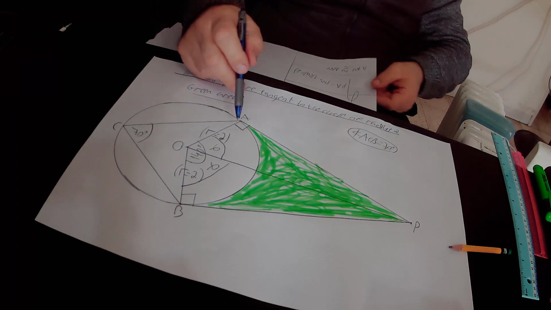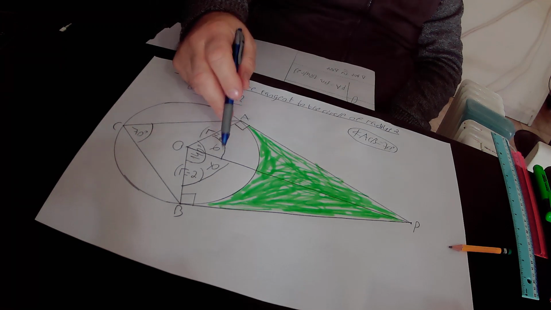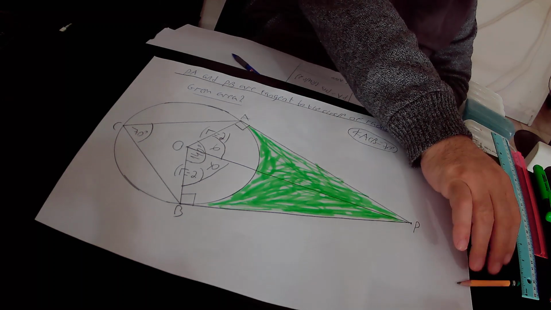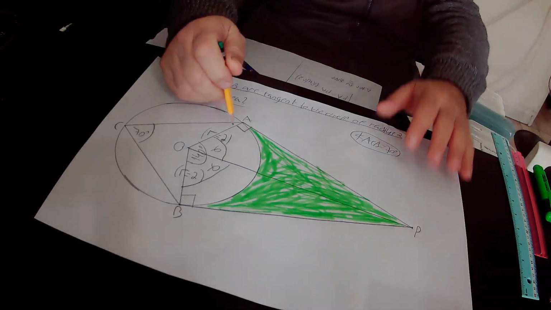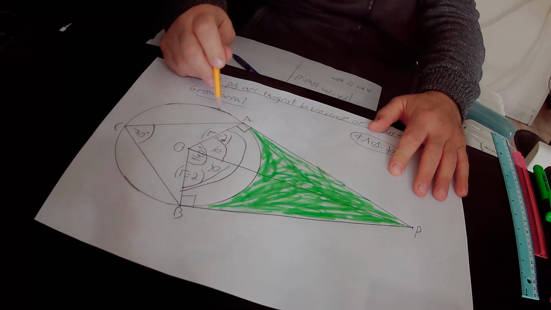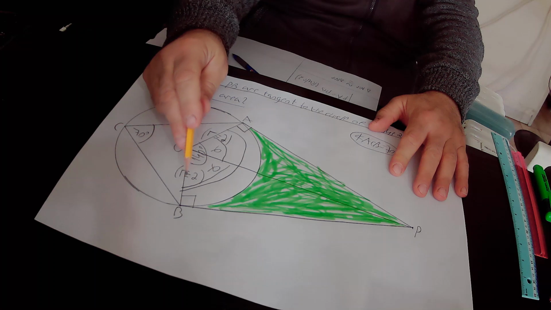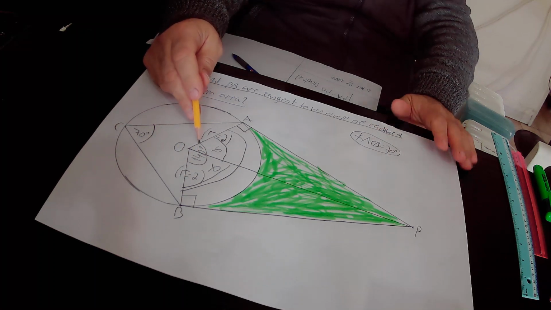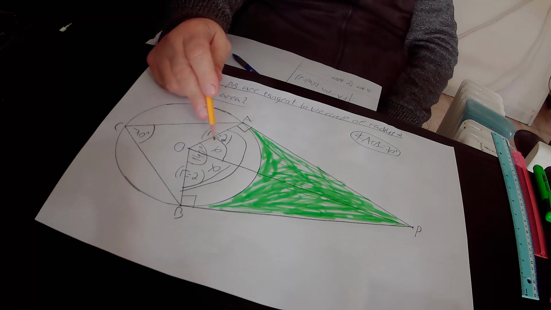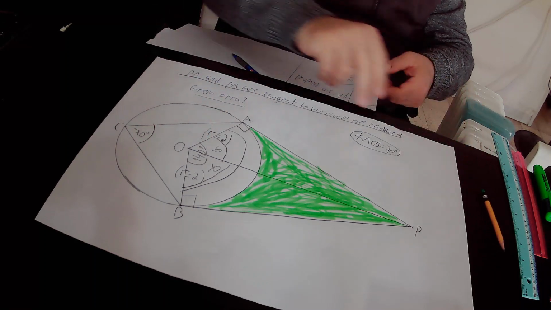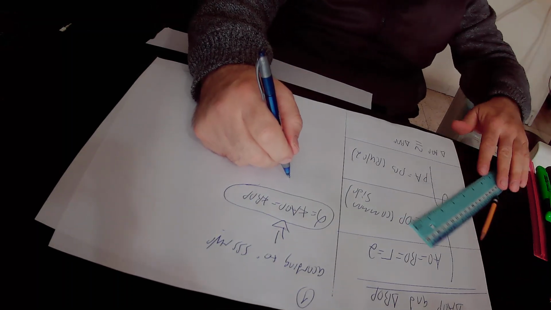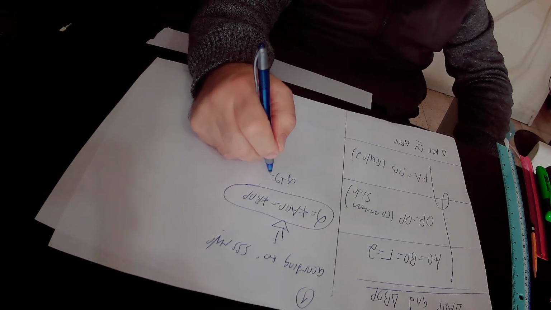So alpha plus alpha is in total this big angle, and we already found out that this big angle is equal to 140 degrees in its size. So in conclusion, you can write down that alpha plus alpha equals 140 degrees.